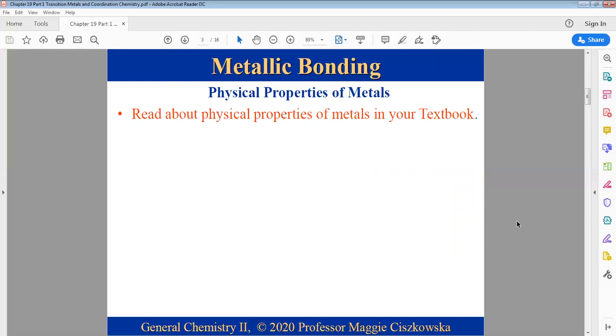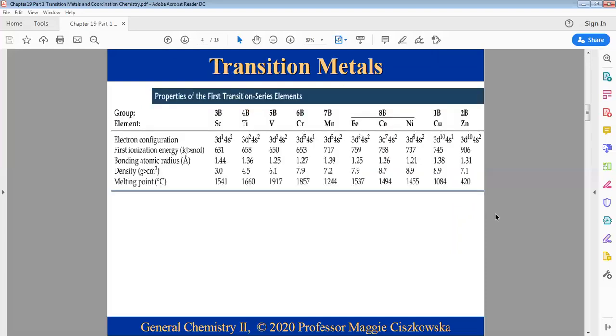Please read about the properties of those metals. This is a table that shows just basic properties like first ionization energy, atomic radius, density, melting point. Of course, do not even think about memorizing all those values. Values like this can always be given to you.